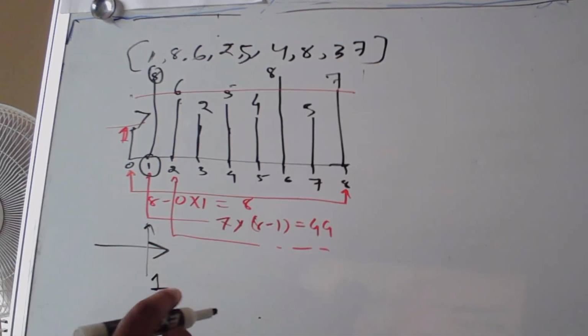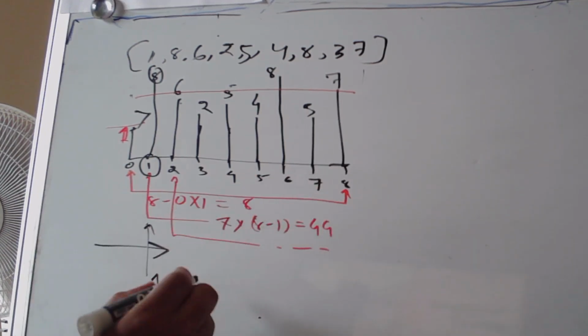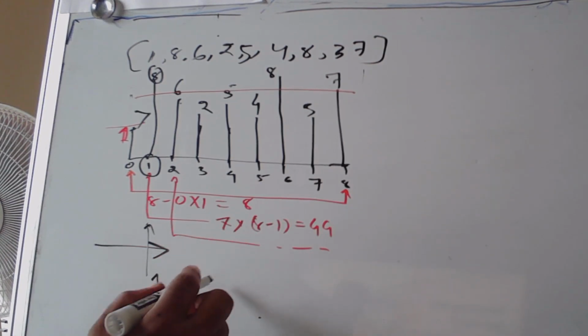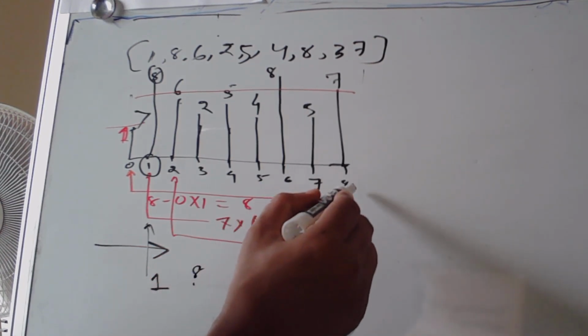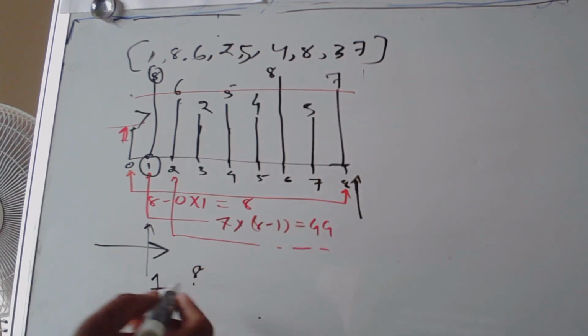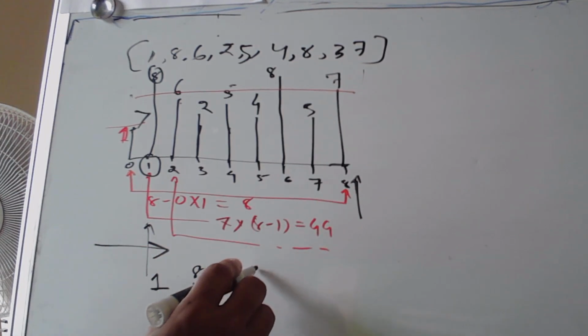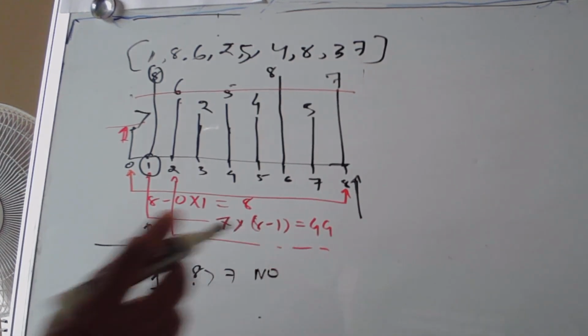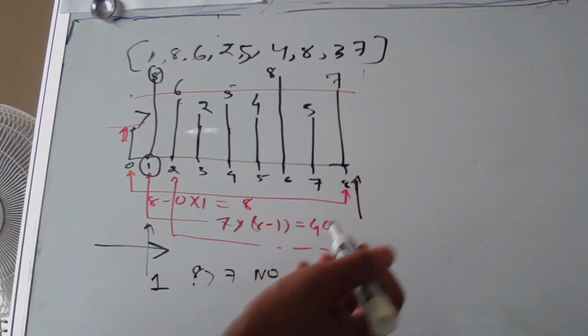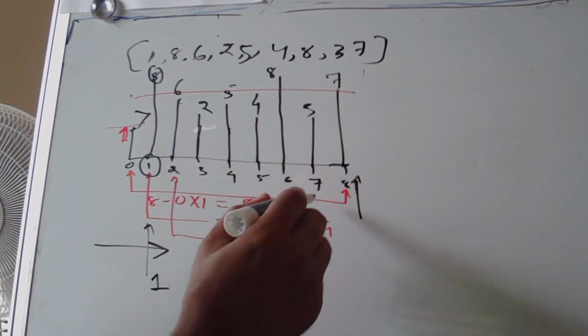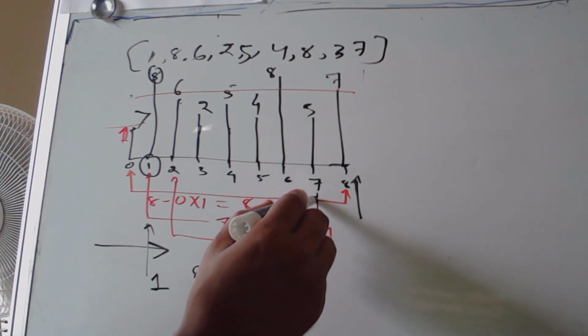After moving the pointer to 1, we see next is 8, and the other pointer is at the end. Is 8 greater than 7? No. So move the smaller pointer. Because 7 is smaller, we move that pointer to here.